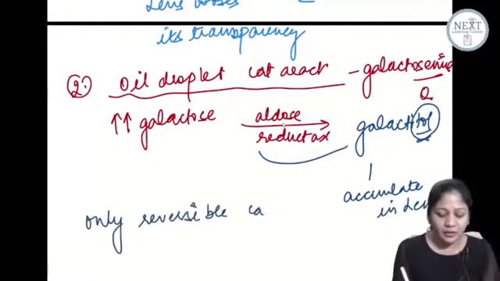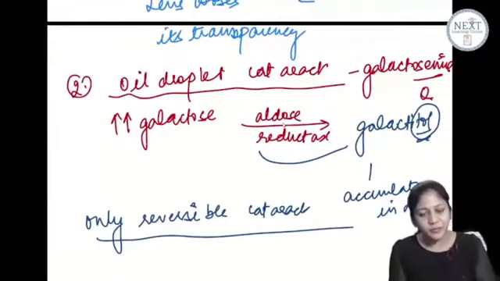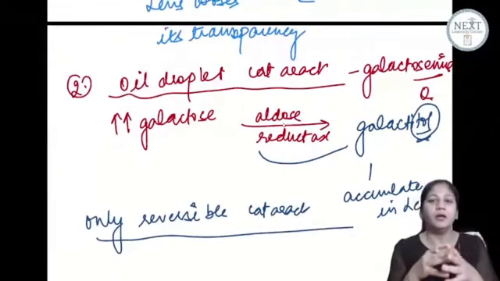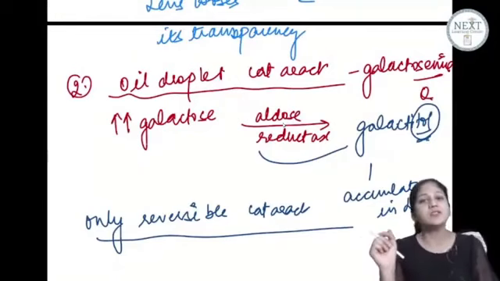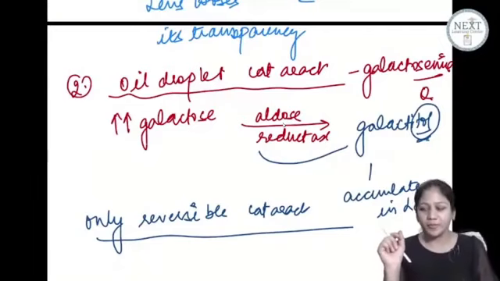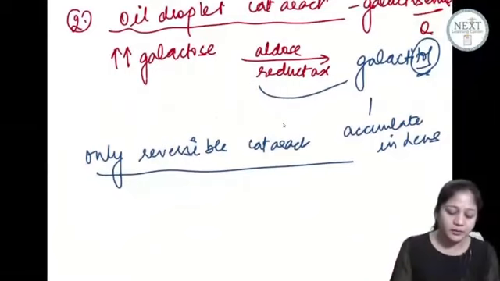Otherwise, once cataractous changes occur, they cannot get reversed. But if at all you have galactosemia and you develop a cataract, if you completely eliminate galactose from the diet, these changes can be reversed. Okay? Oil droplet cataract. Now what about the third one?